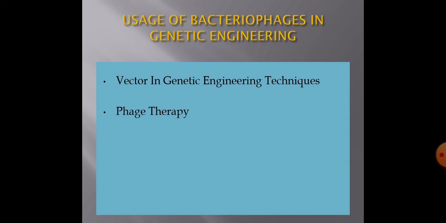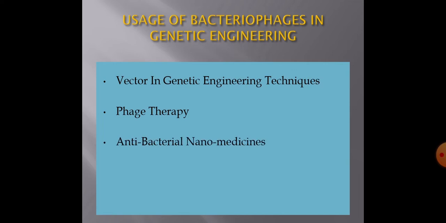So the antibiotics, they may also kill the useful bacteria along with the bacterial pathogens, whereas phage therapy is useful in the sense that it is highly selective and it will destroy only the specific bacteria, as we have discussed in the earlier topic that phages or the viruses are highly host specific.